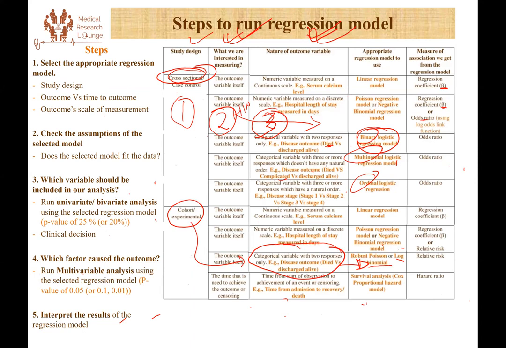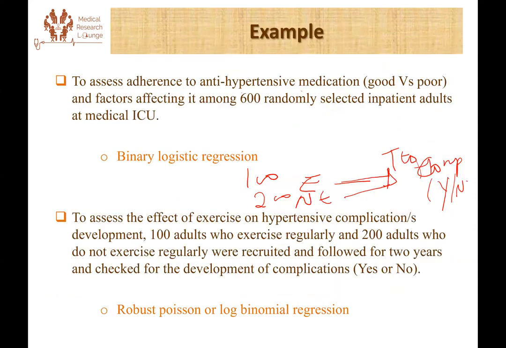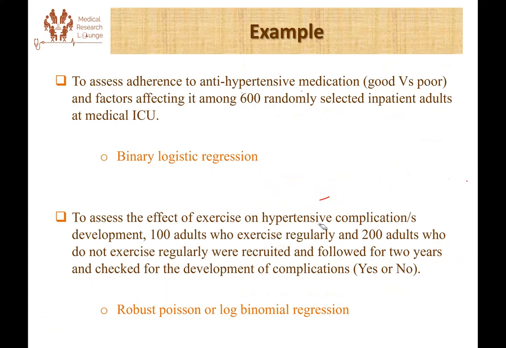When the assumptions or the basic reasons for using this model are not fulfilled, we can use the log binomial regression model. Here, there is a very interesting thing. Someone texted on the chat box, I saw it. So in a prospective cohort study, we want to get relative risks.